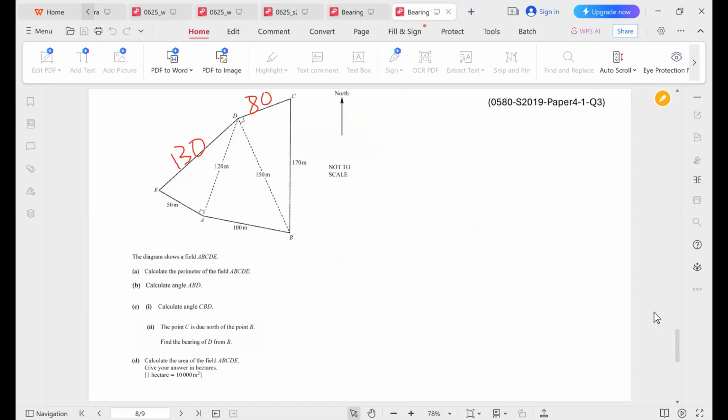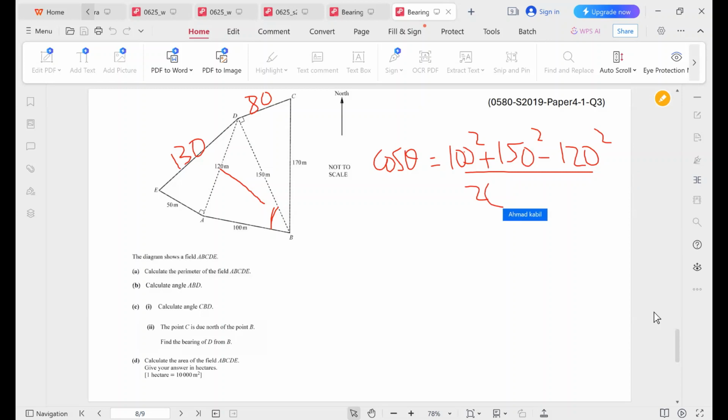Now we are required to find angle ABD. So angle ABD lies in a triangle that is not a right triangle, but we can use the cosine rule to get it. And the opposite side here is the 120, so this would be the negative side. So cosine theta equals 100 squared plus 150 squared minus 120 squared divided by 2 times 100 times 150. We evaluate the numerator.